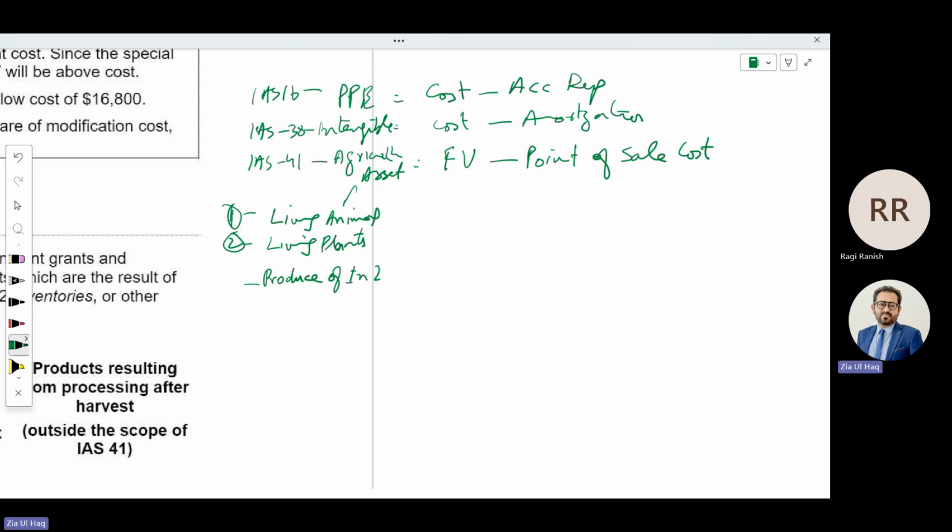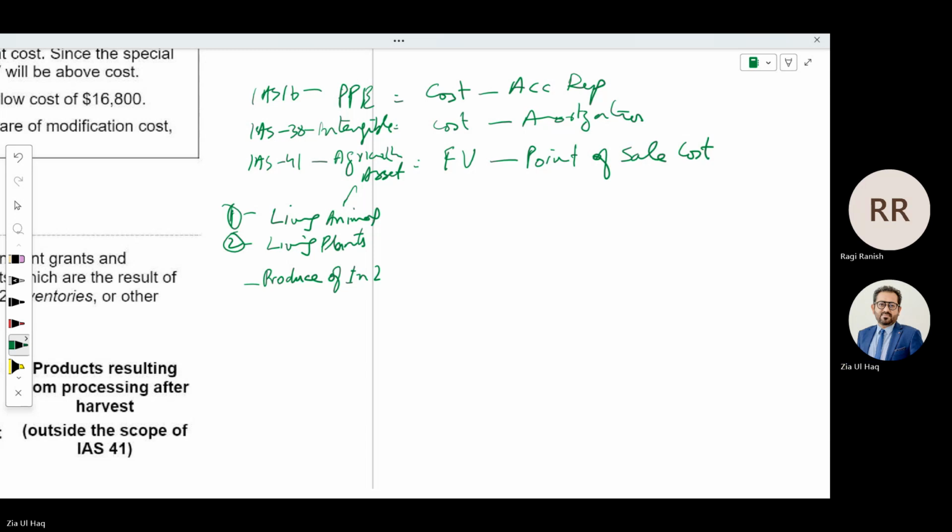What is produce of animals? Milk, eggs. Agricultural assets mean living animals and living plants. Living animals mean cow, sheep, goat, hen, ducks, camels, horses.